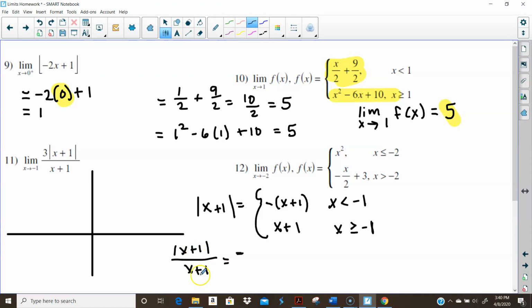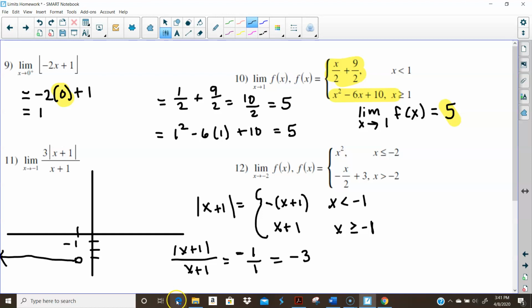Because we have the same thing on the top as the bottom, we get -1 over 1. And we have this 3 over here, which means this is going to equal -3. So at -1, we are actually undefined, but everything smaller than -1 is equal to -3.